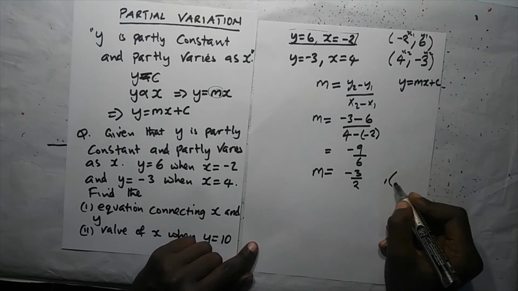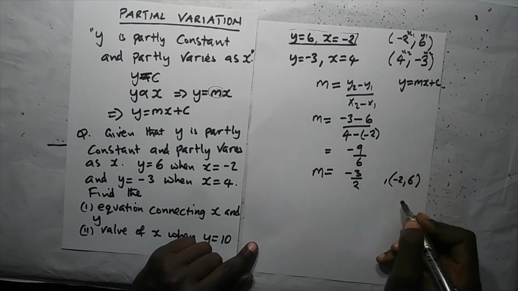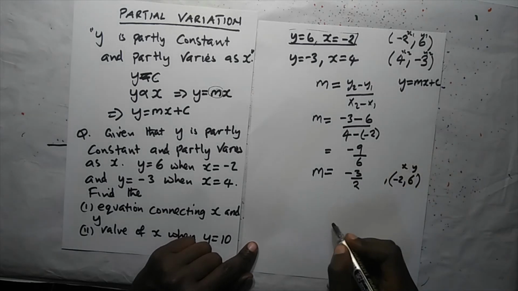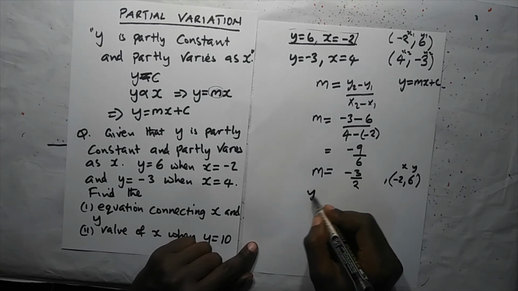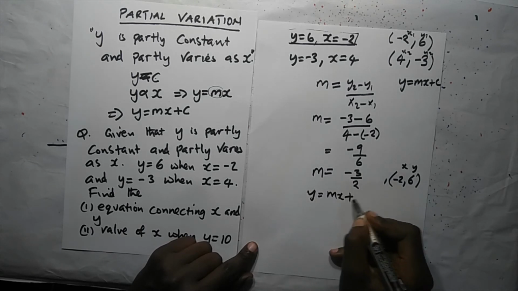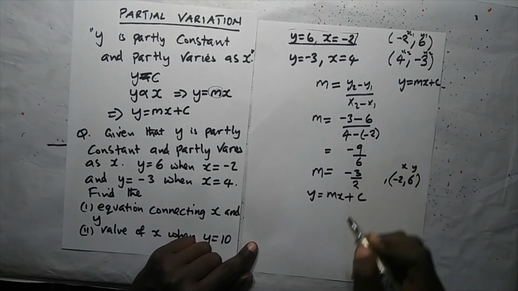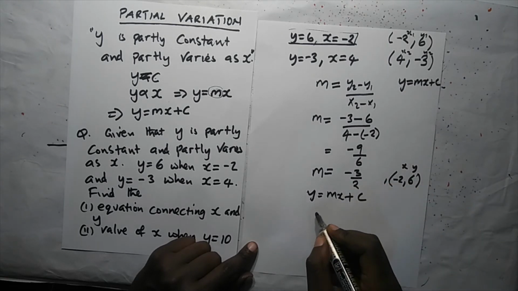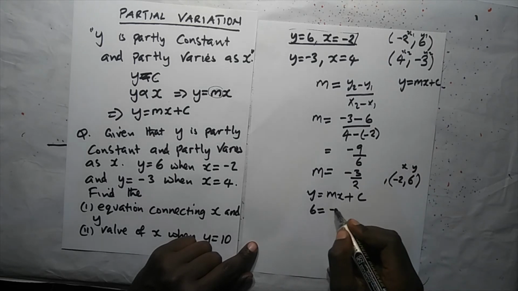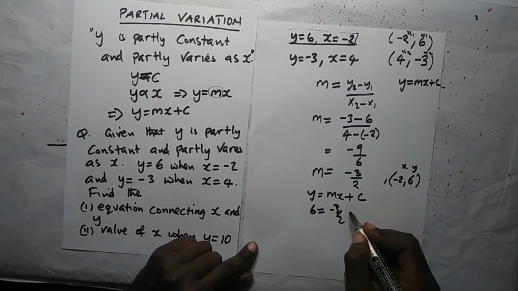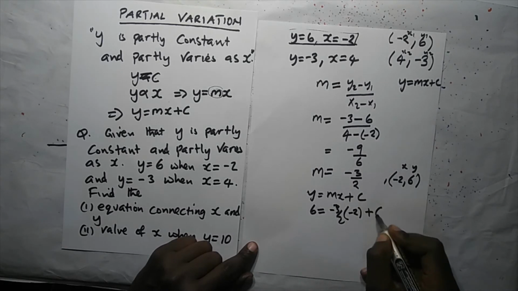So here I'll use negative 2 and 6. Okay, x here, y that one there. So in our equation, y is equal to mx plus c, we will replace these values that we have into this equation here. So y is 6, our m is negative 3 over 2, our x is negative 2 plus c.